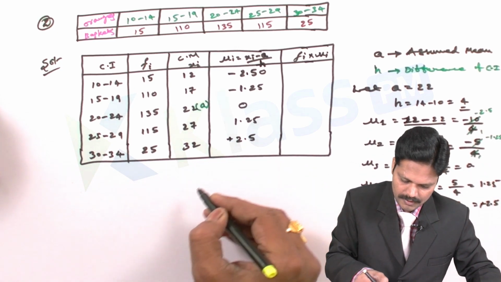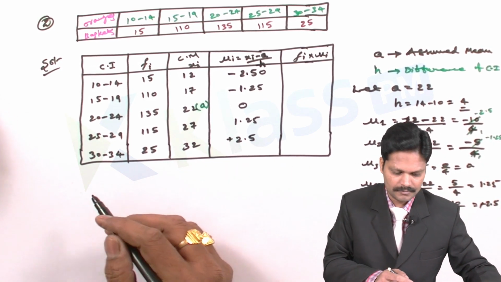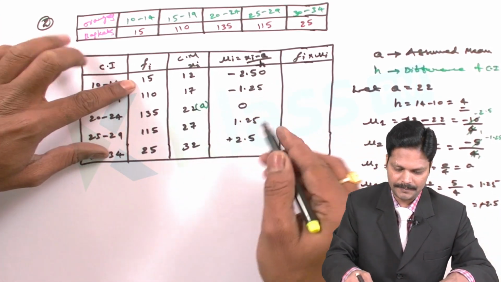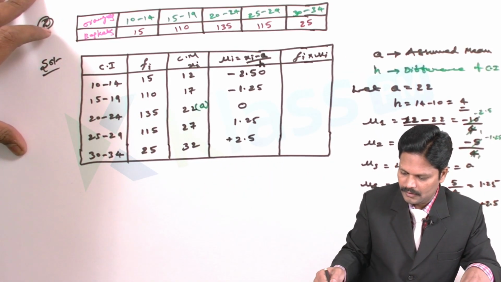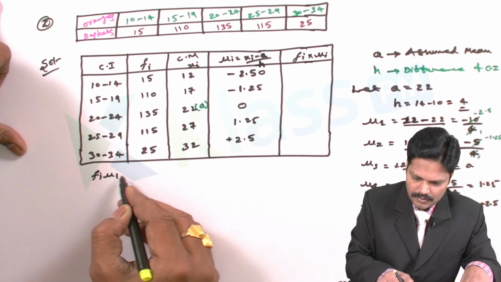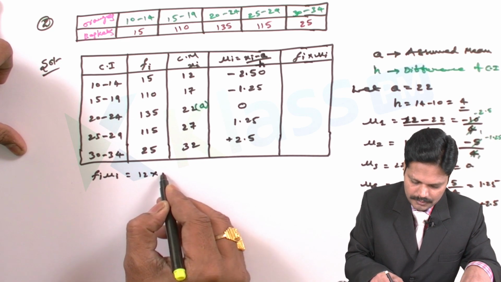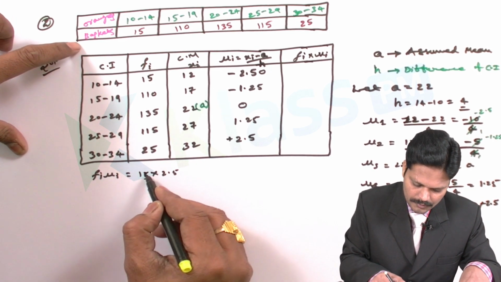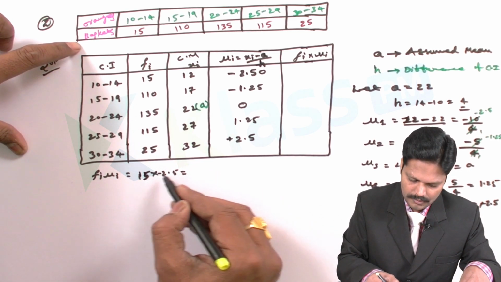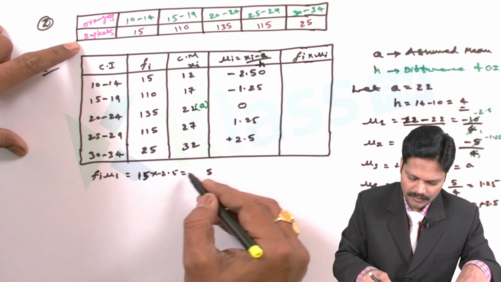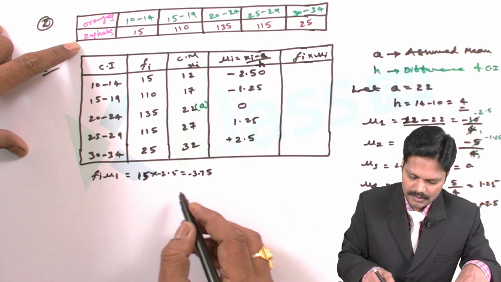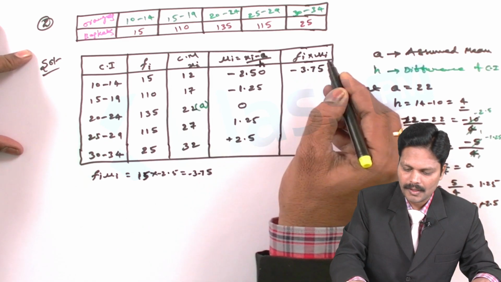Here plus is the place value, since 32 is more than 22. By multiplying these we get 10 into 2.5. So I am doing all the calculations here. f_i u_i is nothing but 12 into minus 2.5, which is minus 30. 15 fives are 75, and so minus 3.75 we are having.